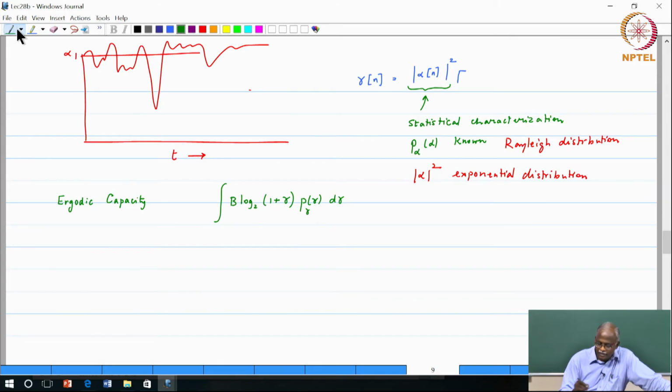Whatever the range of SNRs that you are likely to encounter, you would then have to weight it by the probability of that particular SNR occurring. This is the key, and very important for us to understand.